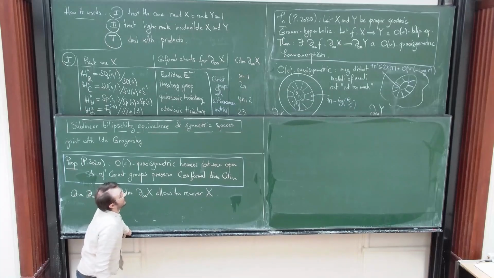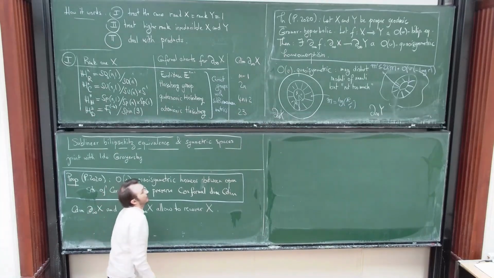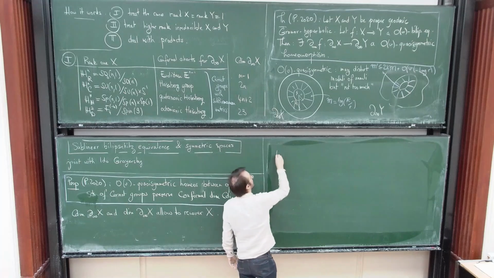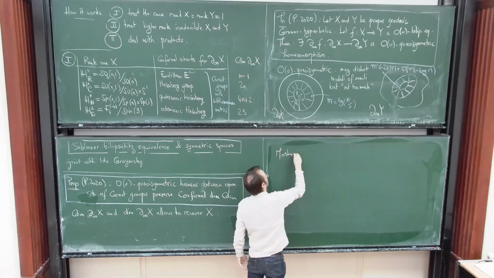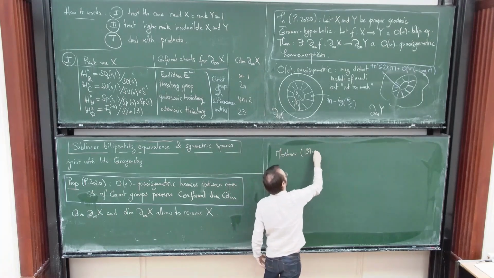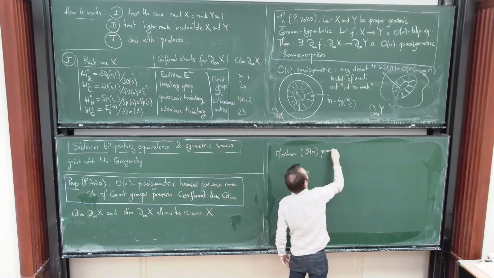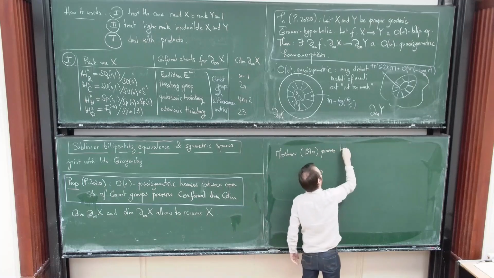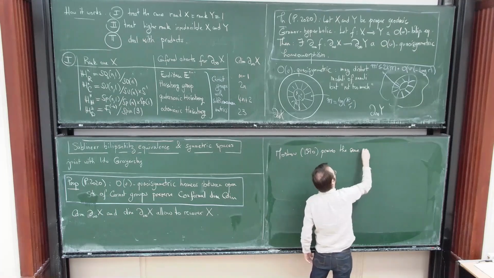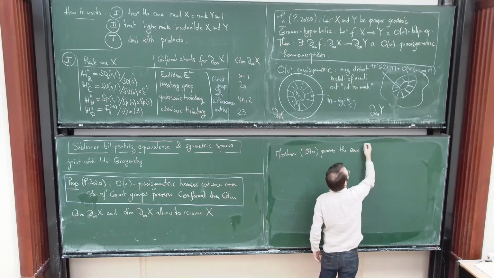And this fails for O of V quasi-symmetric. So Mostow proves the same theorem, a remark in his book actually.